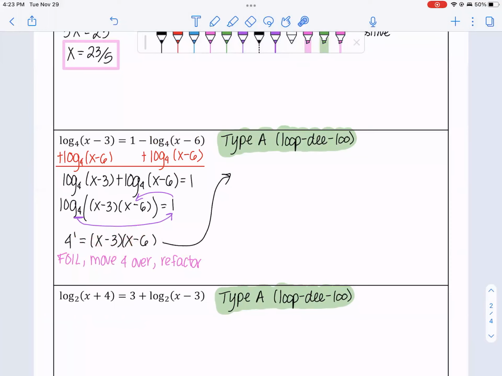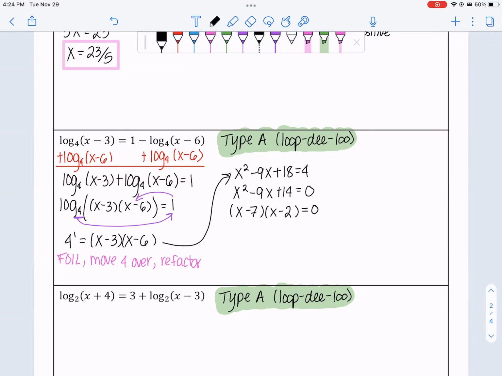If you FOIL this out, you're going to get x squared minus 9x plus 18 equal to 4 to the first power, which is 4. Subtracting 4 on both sides, 18 minus 4 is 14. So we have x squared minus 9x plus 14 equal to 0. This factors into x minus 7 times x minus 2.